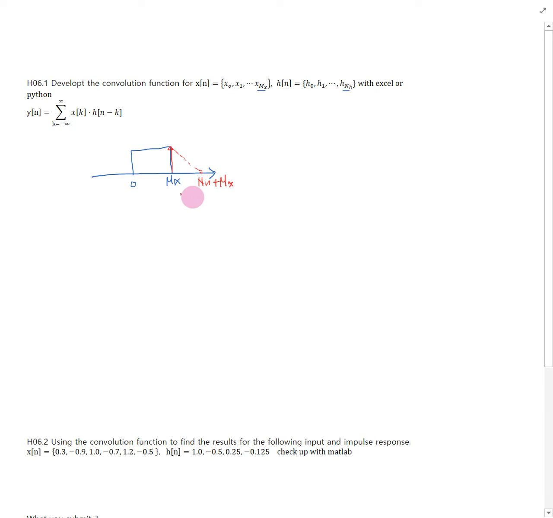The impulse response starts from here to here, so this is 0 and the final index is nh. So this is the maximum memory length of the impulse response.